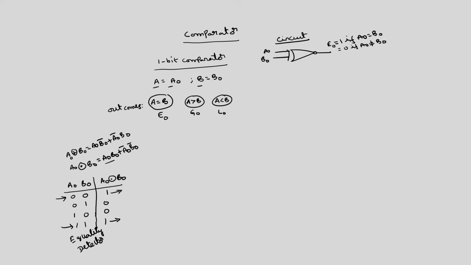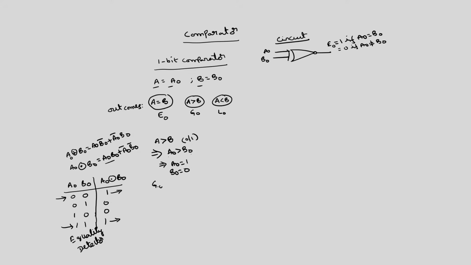Now, how to check A greater than B? A greater than B implies, as only one bit is there, A naught should be greater than B naught. A naught and B naught can be 0 or 1. So A naught greater than B naught implies A naught is equal to 1 and B naught is equal to 0.